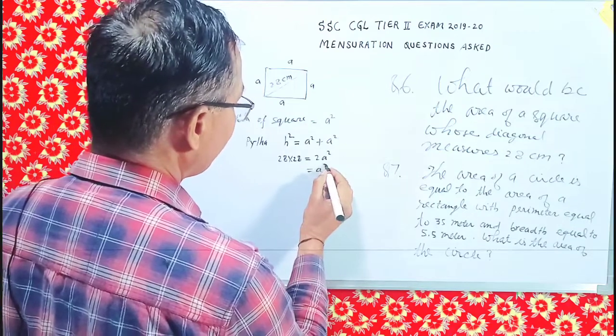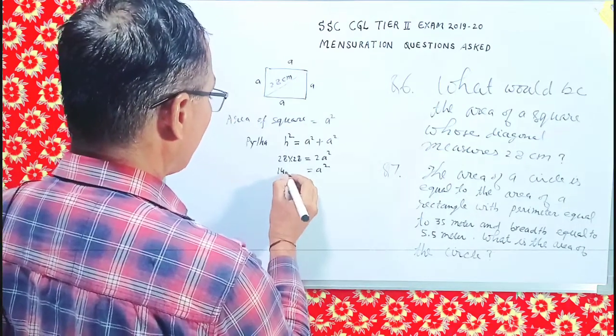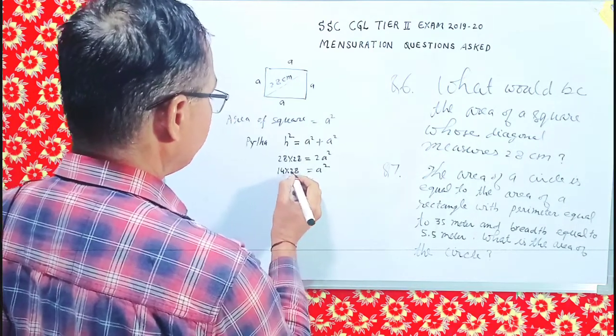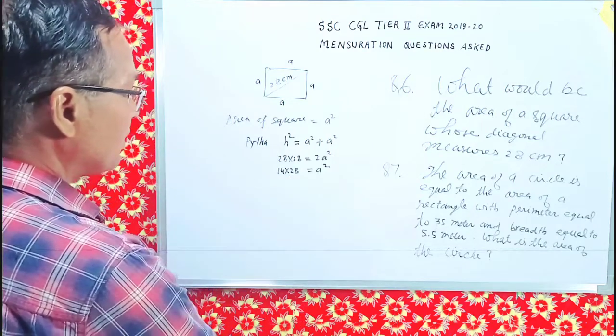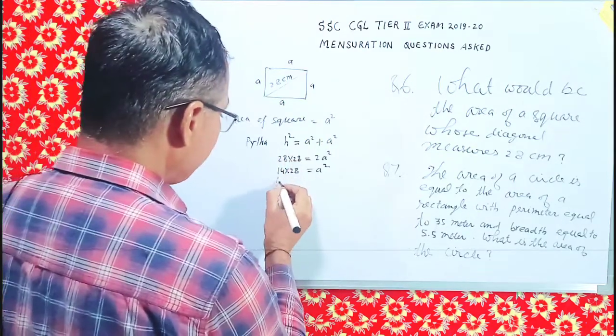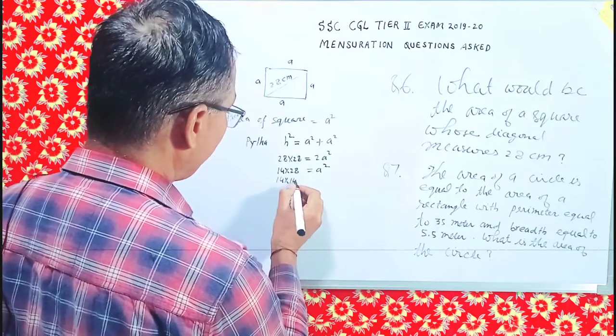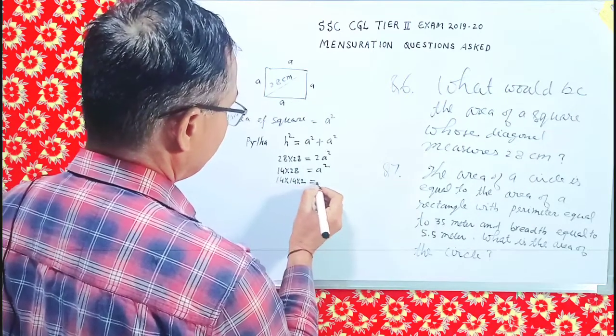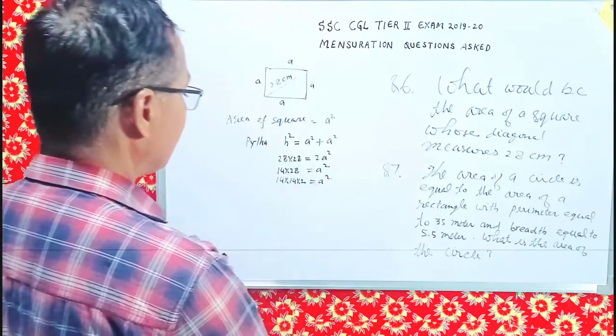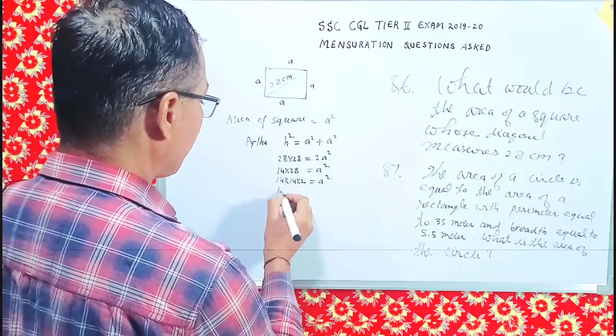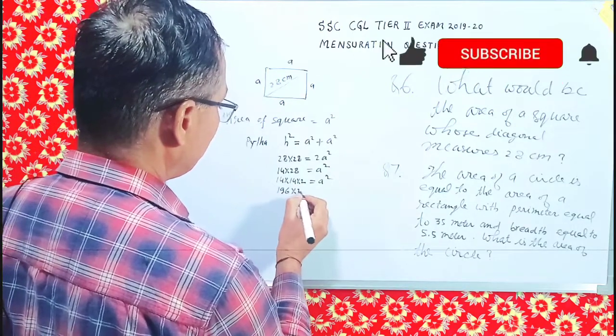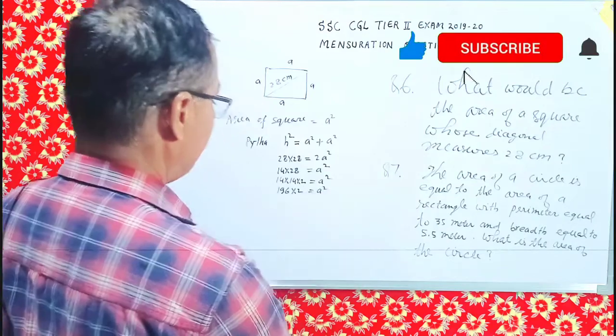So a square will be equal to 14 into 28, and we can write it as 14 into 14 into 2 equal to a square. So 14 into 14 is 196, into 2 equal to a square.